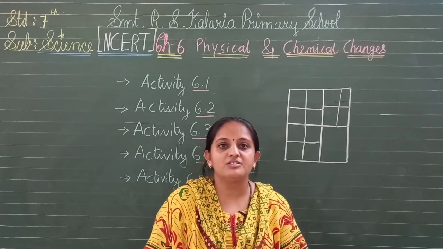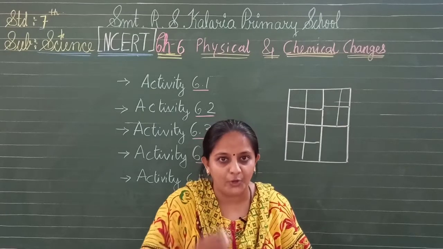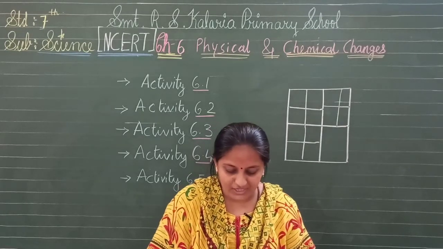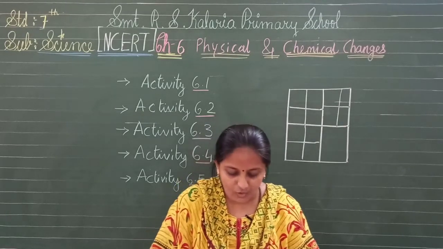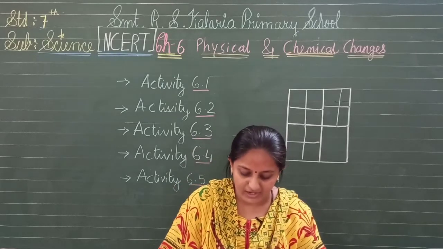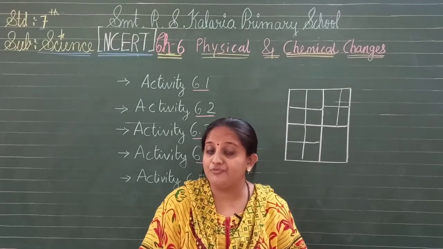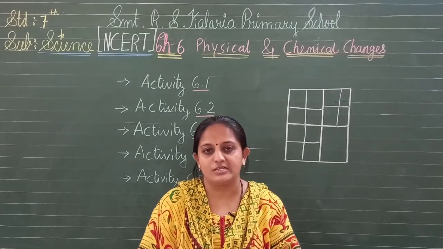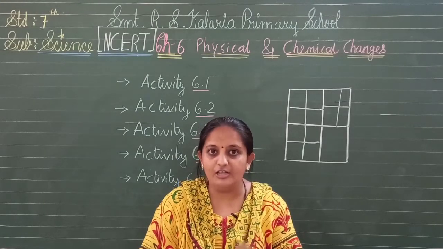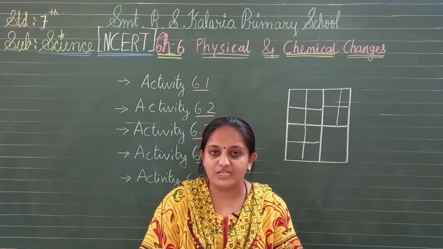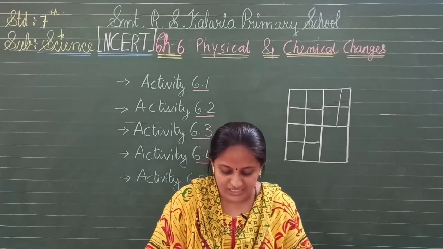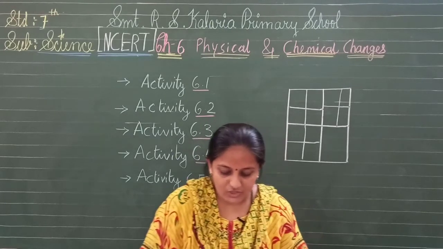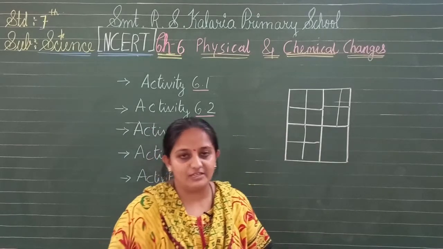You have noticed the inner surface of the pan has small water droplets, isn't it? So what is that? Water droplets are seen on the inner surface of the pan. So what we understand from this activity: the change in the state of a substance is a physical change. The change in a substance वो वापस हमें physical change हुआ है. Okay, so this is again a physical change.